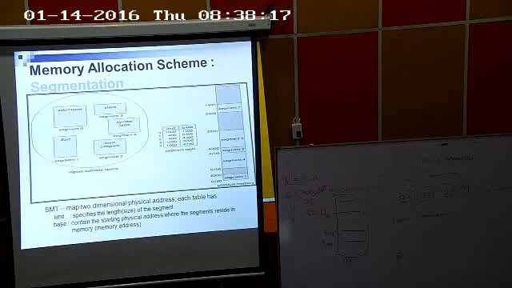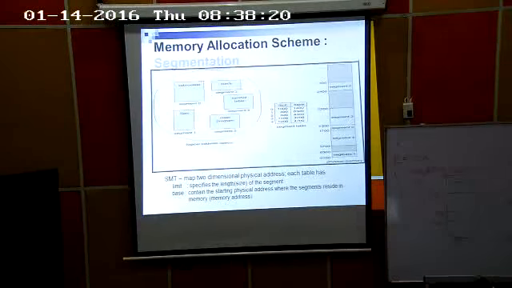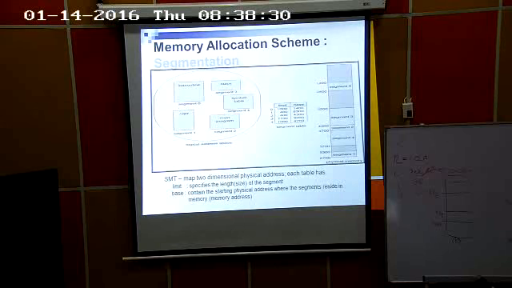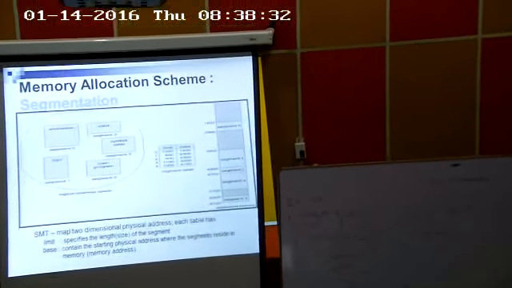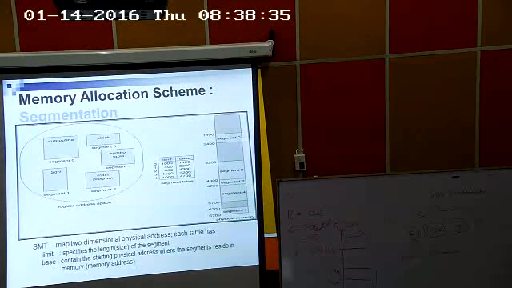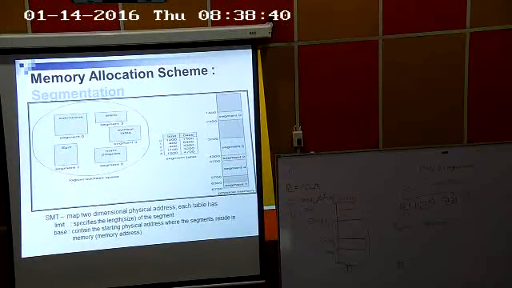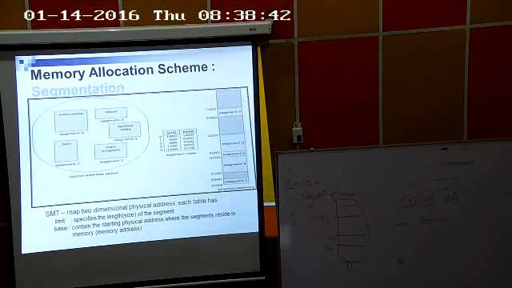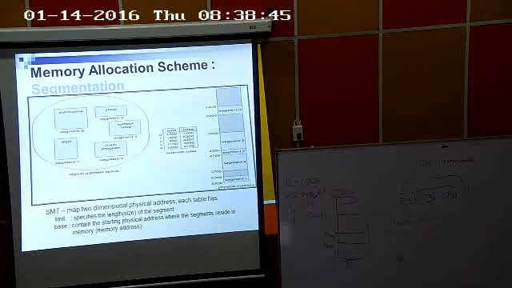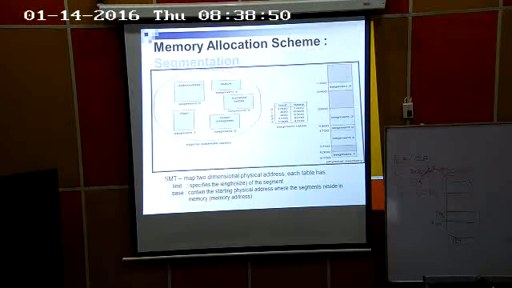The limit refers to the size of your segment. So the base is 1400 here, and the size for segment 0 is 1000 KB. It slots into this part of physical memory. For another example, in segment 3, the base is 3200. This is the address here.